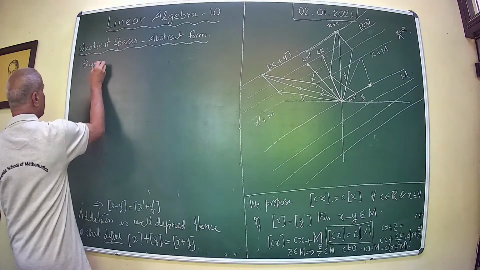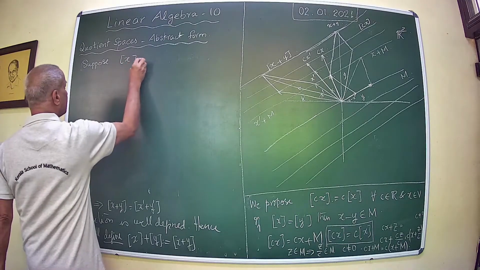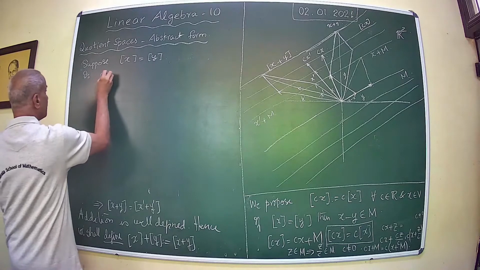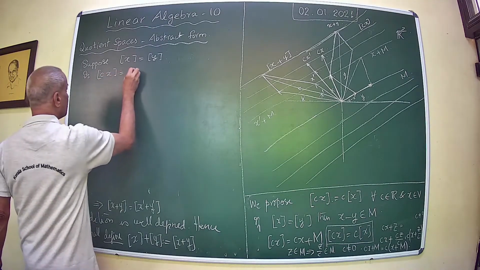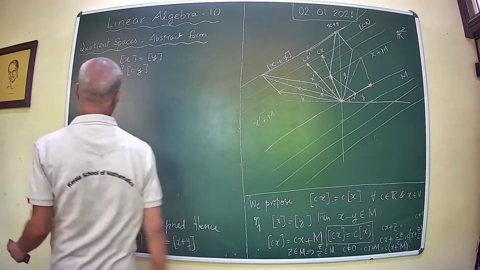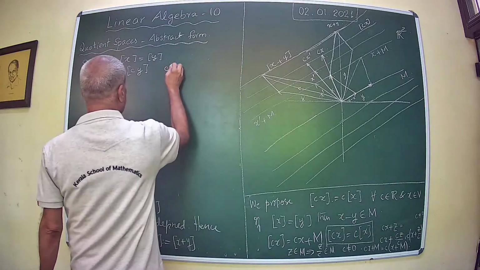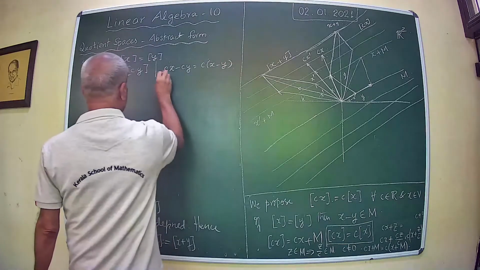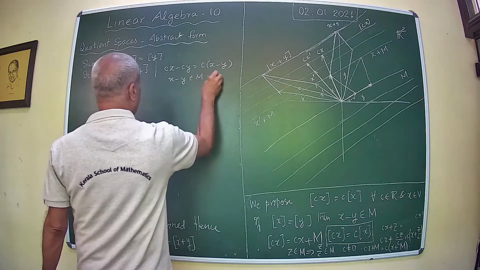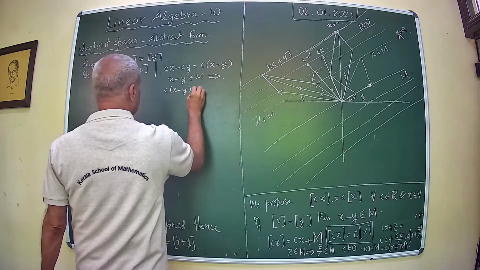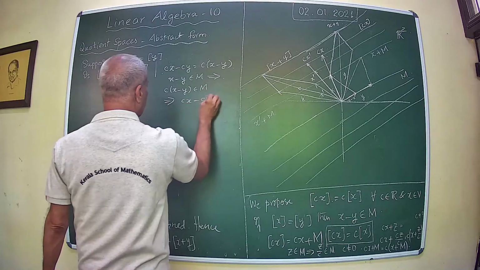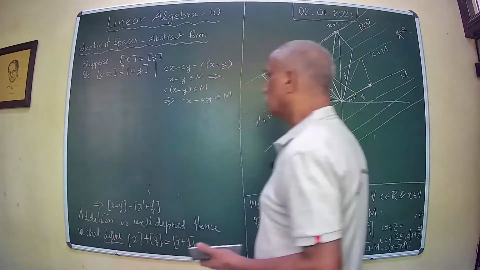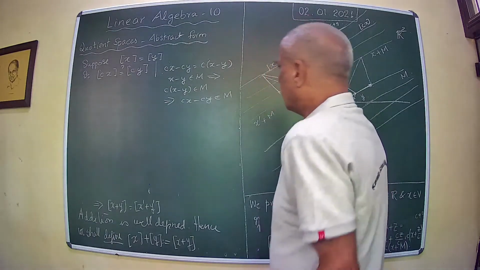Suppose so you see that you write Cx minus Cy as C into x minus y, and if x minus y belongs to M, therefore it follows that the coset Cx is equal to the coset Cy. So that is done.